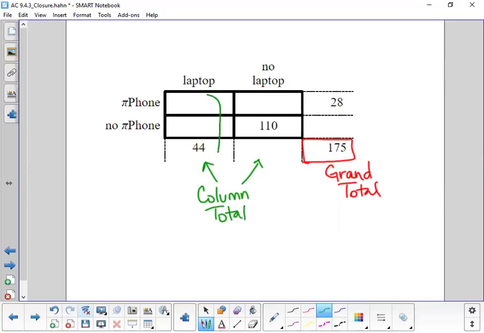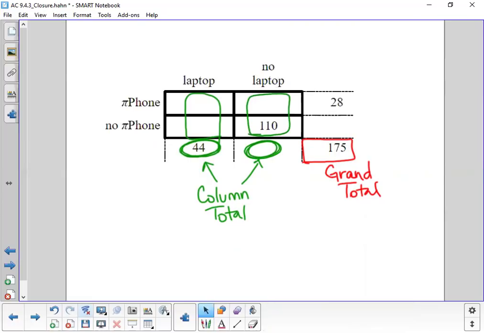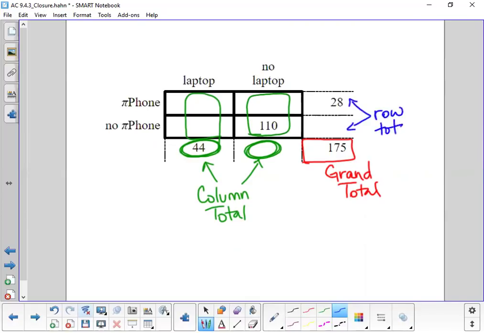So if I were to add up the number of students who have a laptop and a PiPhone and the number of students who have a laptop and no PiPhone, I would get 44. And then same thing here, these two are going to add up together to give me what I have here. These two entries are my row totals. So if I were to add up these two cells here, I will get 28, and these two cells here will give me whatever number this is.